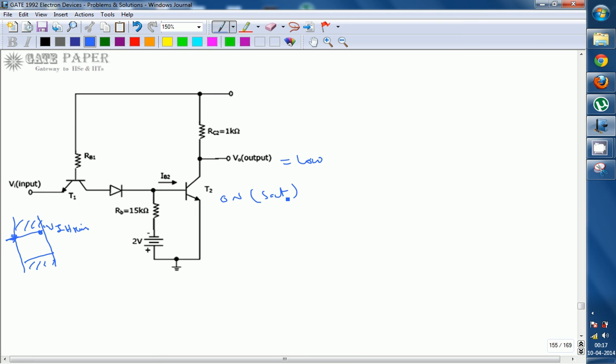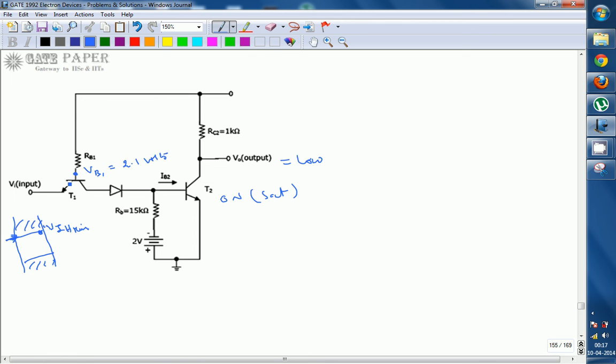For T2 in saturation, how much voltage it requires at VB1, we just calculated. To make T2 into on condition, the voltage at this point, VB1, is equal to 2.1 volts.